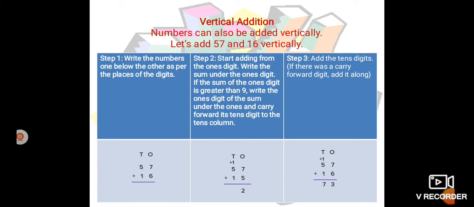Step 2: Start adding from the ones digit, then we will go to the tens digit. That means we will start adding from the beginning, that is the digit of ones. Then we will add the tens digits, consecutively hundreds, thousands, ten thousands, like that.